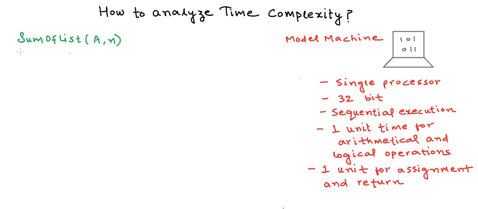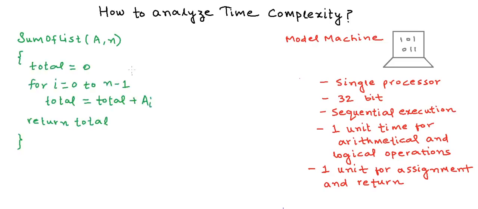So the size of the array is n. So in this case the program goes like, so we start with a variable total and we initialize it to 0, and then we run a loop and keep on adding the elements of the array into this particular variable, and finally return it after we come out of the loop.